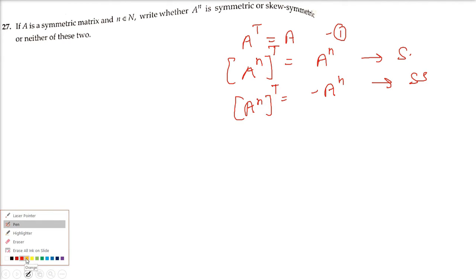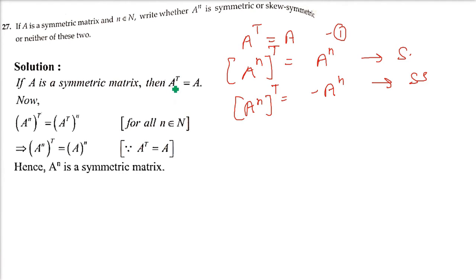Now let us come back to the question. Only A raised t equals A is given. So the step is like this. We will take the transpose. As I told you, if you take the power and then do the transpose, or if you do the transpose and then take the power, it doesn't matter. So you can write A raised n transpose, this one. So A raised n transpose can be written as A transpose to the power n.